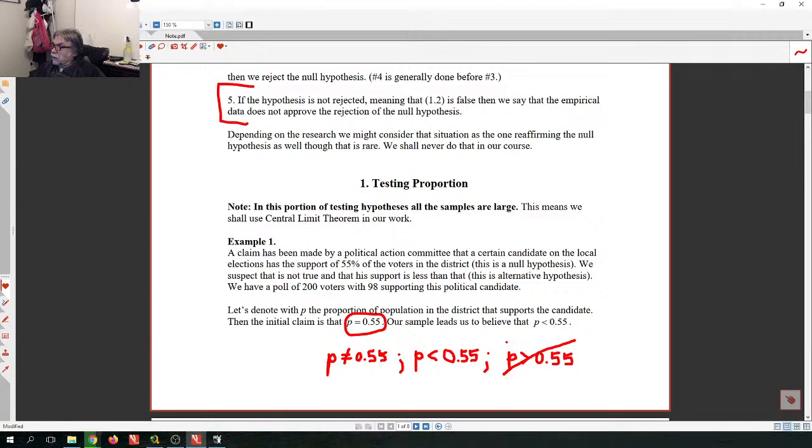The right tail doesn't make sense in this case, because our sample provides evidence that it might be different or that it might be less, but it doesn't provide any evidence it could be more, right? Our sample says 49% supports this political candidate. So it doesn't make sense to try a test that it is more than 55%, because we don't have evidence for that.